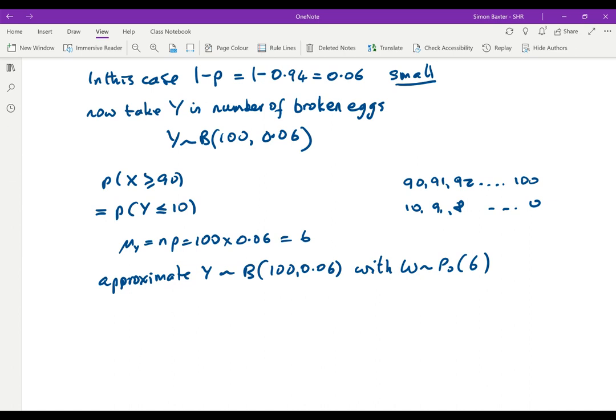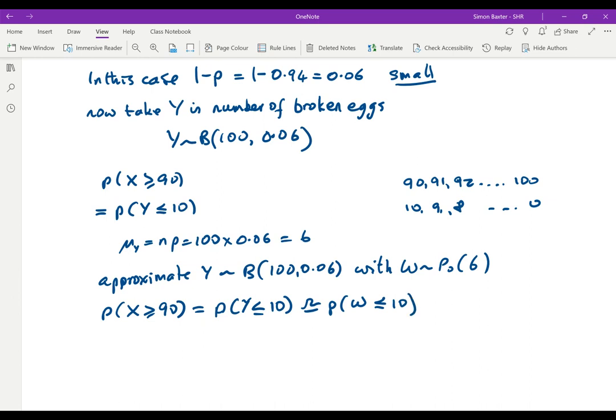We're now looking for the probability that x is greater than or equal to 90, which is the same as the probability that y is less than or equal to 10, which is approximately the same as the probability that w is less than or equal to 10.